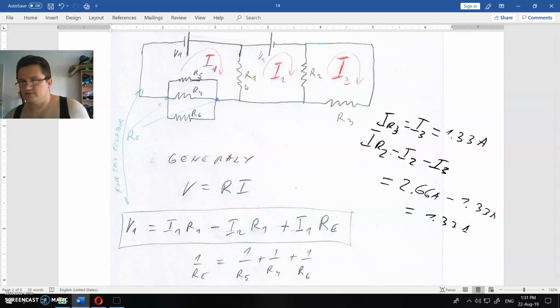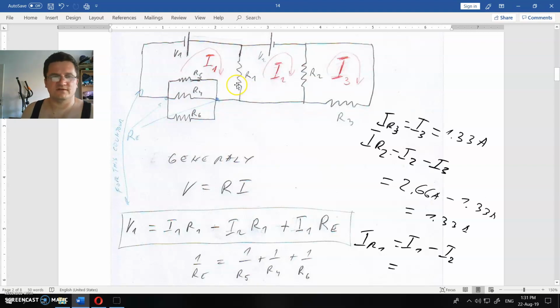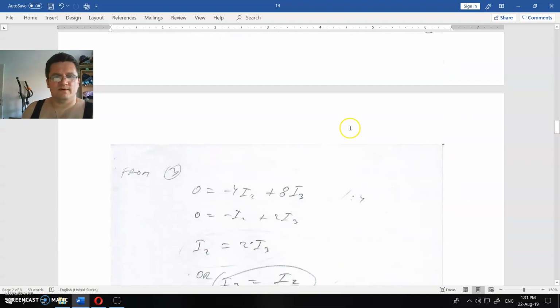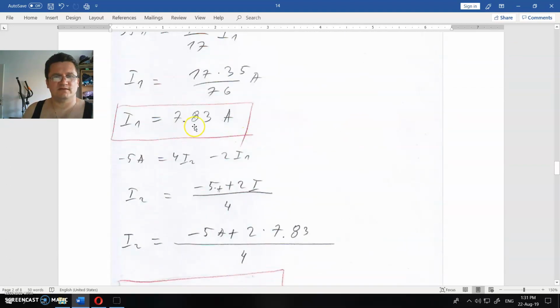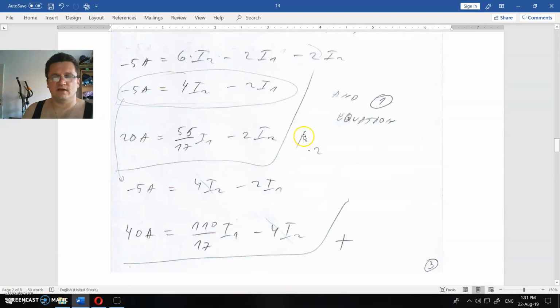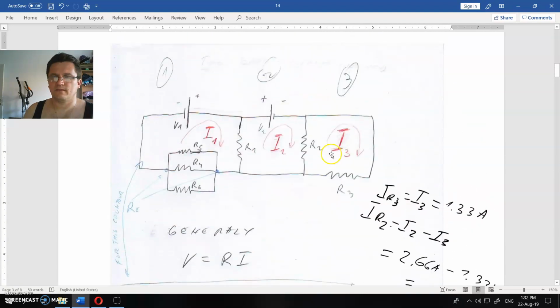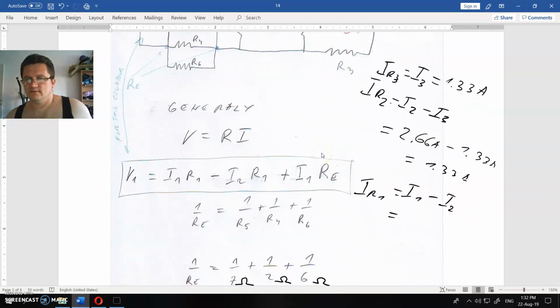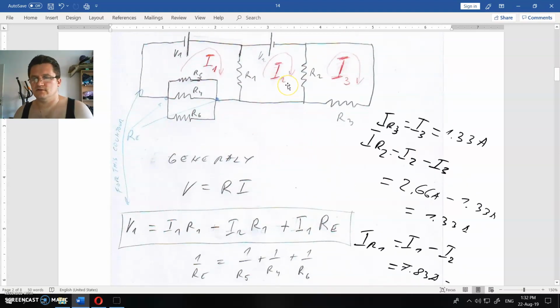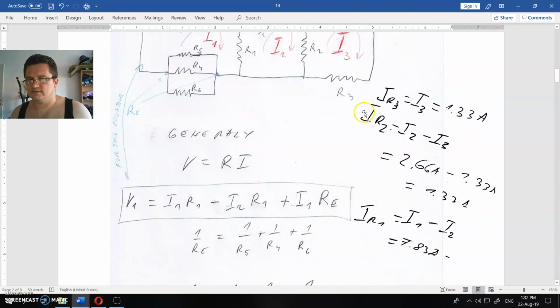The current through resistance number 1, ER1, is equal to E1 minus E2. Magnitudes are important here, so you place the bigger one first. The first one was 7.83 amperes minus E2, our clockwise current in this contour, which was 2.66 amperes.